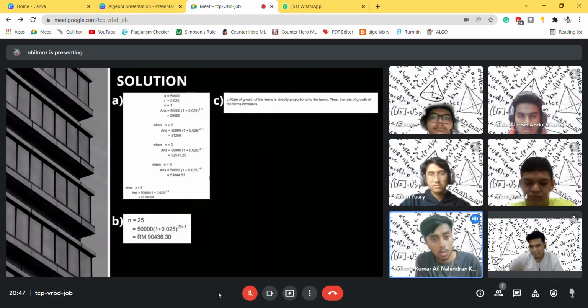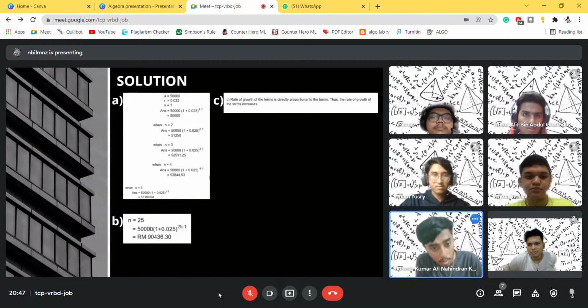Now we're going to see the solutions. A, find the fifth term of the geometric progression. We just put in the formula, and as for the answer, when n is equal to 5, we get 55,190.64. As for B, n is equal to 25, so we are finding A25, which is the fund after 25 years.